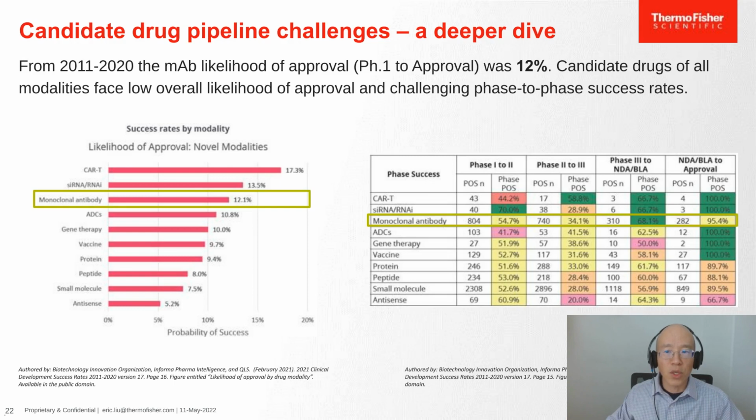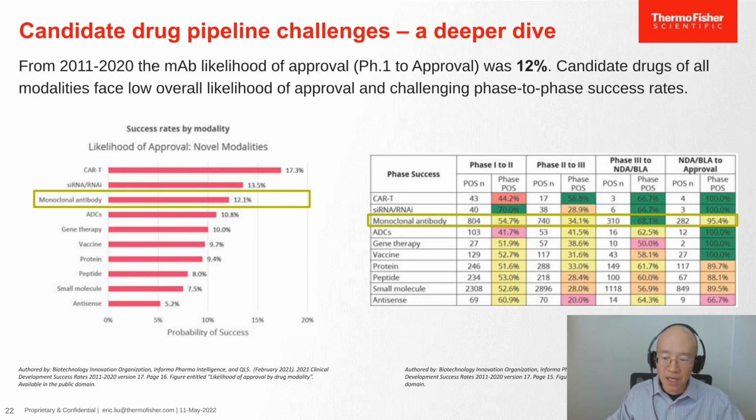Based on a 2021 report co-authored by Pharma, and QLS called the 2021 Clinical Development Success Rates 2011 to 2020, mAbs had an overall likelihood of approval of 12%, meaning from phase 1 to final FDA approval rating, approval during that 10-year period, as shown on the left chart. Other modality likelihoods of approval range from as low as 5% to as high as 17%.